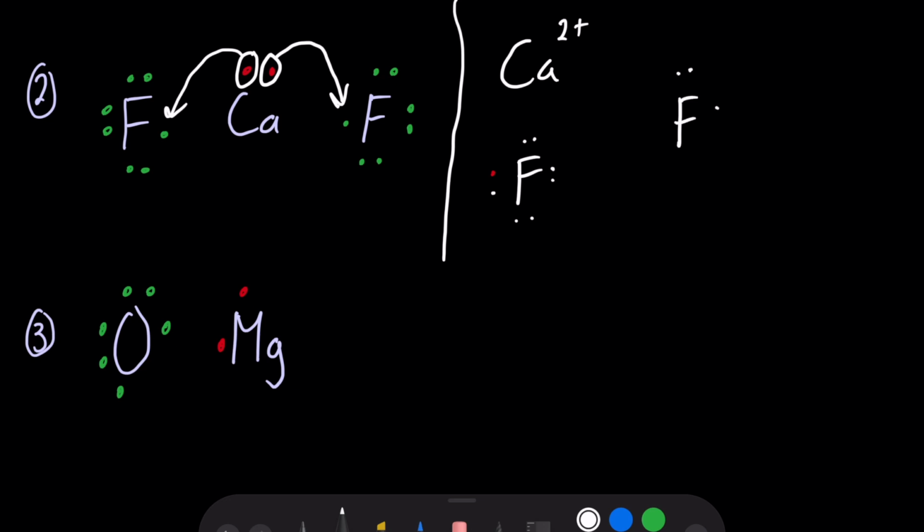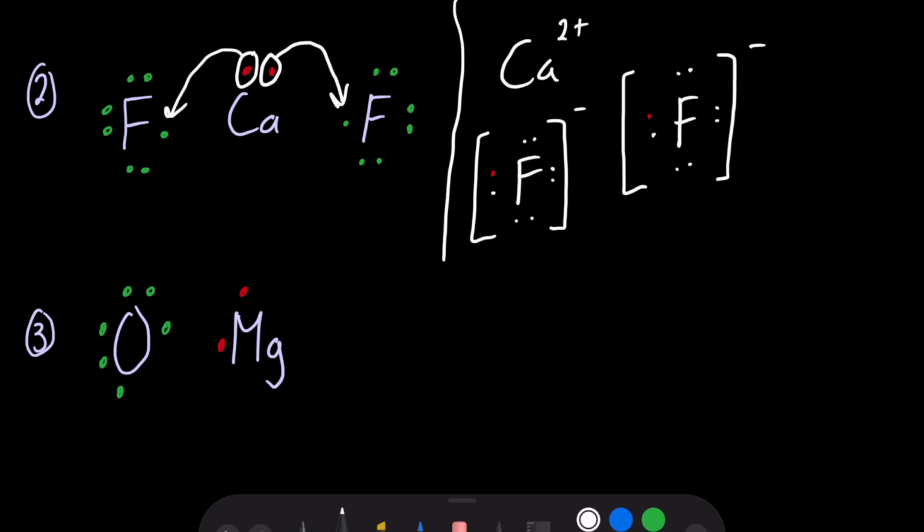So we have 1, 2, 3, 4, 5, 6, 7, and the last one was completely donated from our calcium. So now these 2 fluorides will have a negative charge. Okay, so again, calcium just has that 2+ charge because it lost 2 negative charges. And because the fluorines both gained 1 electron, they will have a -1 charge.